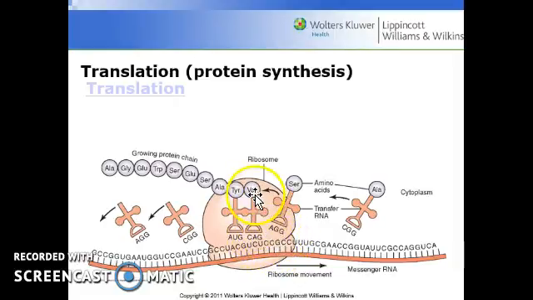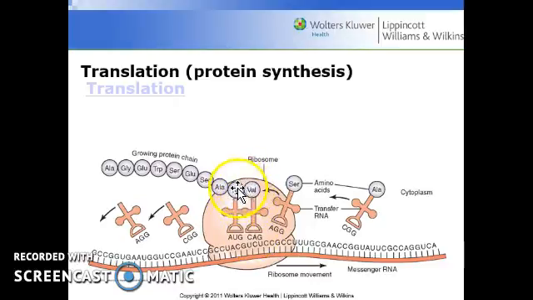And when it pairs, there will be a linkage that will take place between the amino acids. So these two transfer RNAs, one has valine, the other one has tyrosine on it. Both of them have already been coded properly in this ribosomal complex. So the anticodon, which is situated on the transfer RNA, is paired with the codon on the messenger RNA. As that's read, if this is a match, these two amino acids are going to stay put.